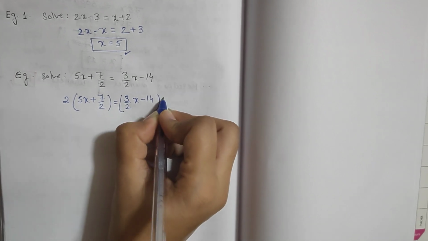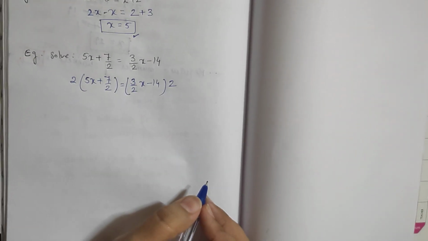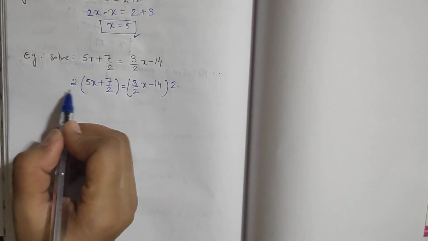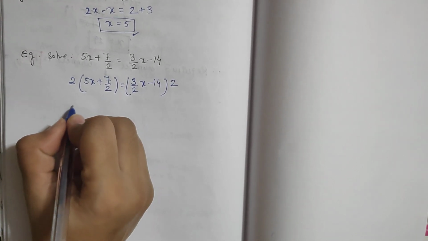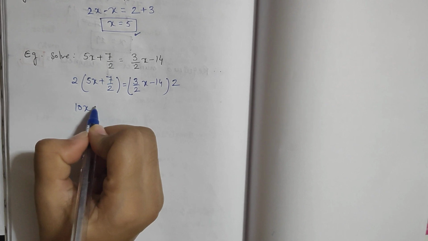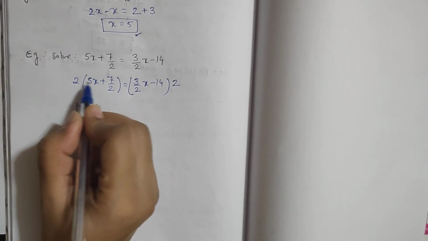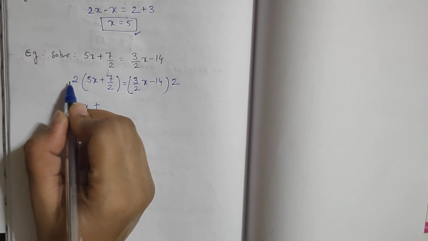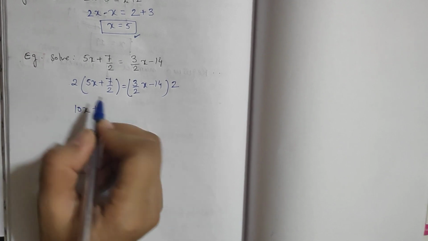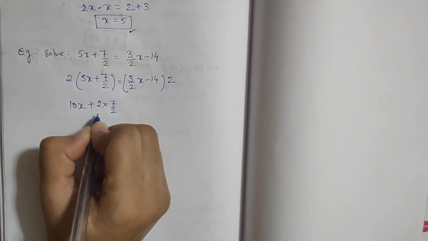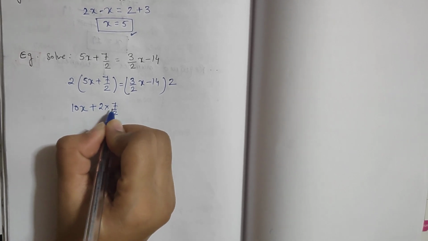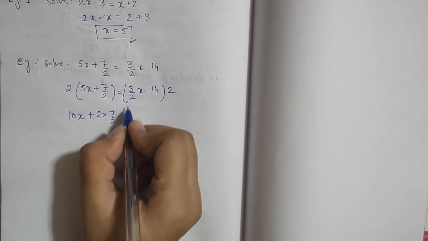I am multiplying this with 2. Now we have to open this bracket. So 2 into 5x, so it will be 10x plus; you have to consider the sign while opening the bracket. Now we can see here 2 into 7 upon 2. For simplification I am writing here 2 into 7 upon 2 so that you can understand.